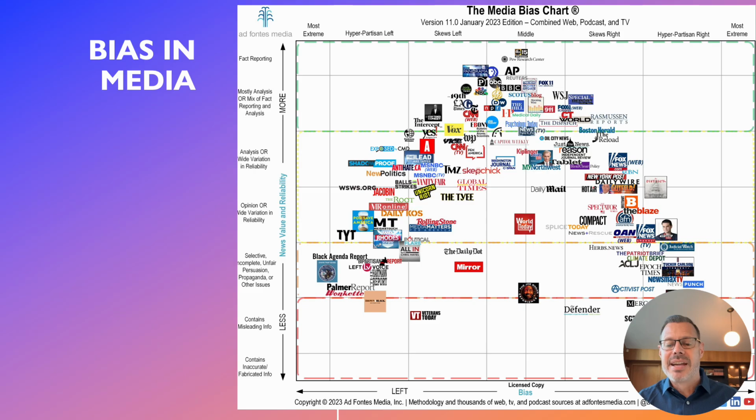Keep in mind the bias of media. I pulled this up a couple of years ago. It's still valid. They put a new one out every year or so. This looks at the news media and where they fall in terms of bias and where they fall in terms of facts. So when you look at something like this, you're looking down at this lower level.